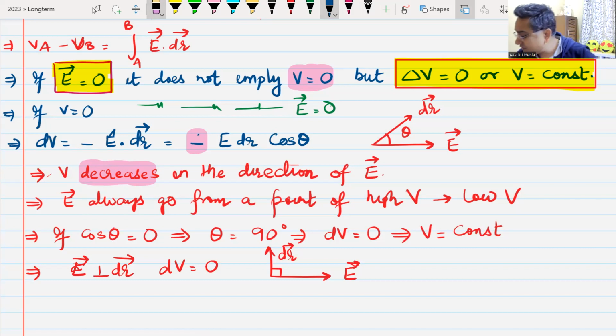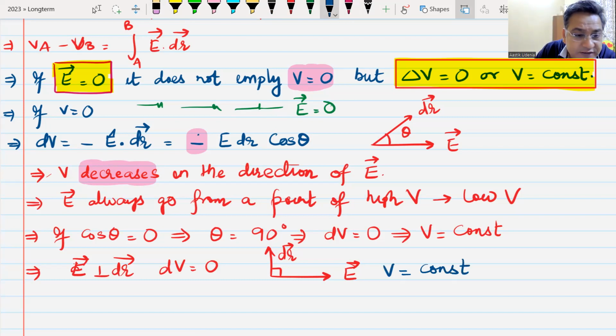Potential does not change. Potential remains constant.